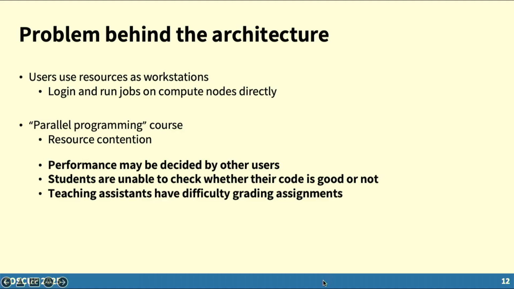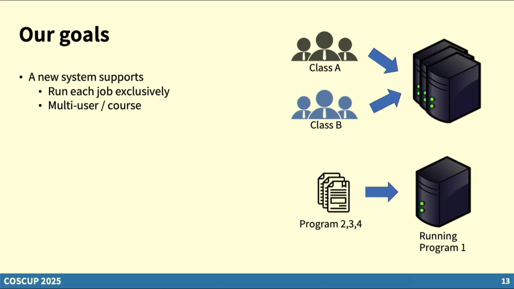They are unable to check these things. And teaching assistants also use this environment to grade assignments. So if they are grading while other students are running programs, the performance of the graded student will be influenced. So we must fix this issue. Our goal is to provide a new system that supports running each job exclusively.